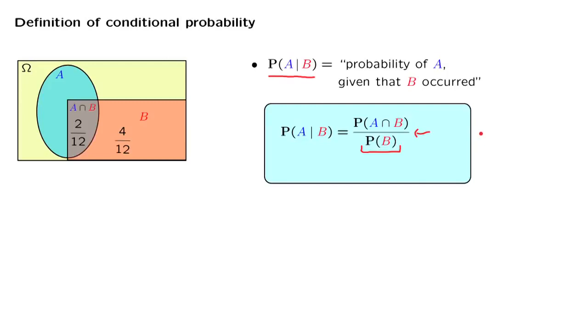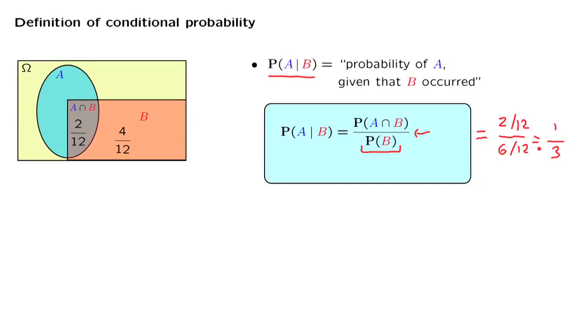Let us check that the definition indeed does what it's supposed to do. In this example, the probability of the intersection was 2 over 12, and the total probability of B was 6 over 12. Which gives us 1/3, which is the answer that we had gotten intuitively a little earlier.